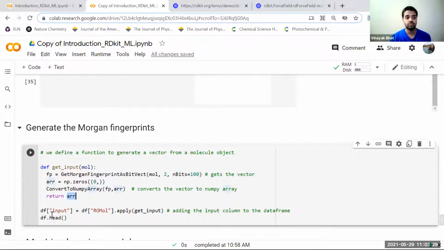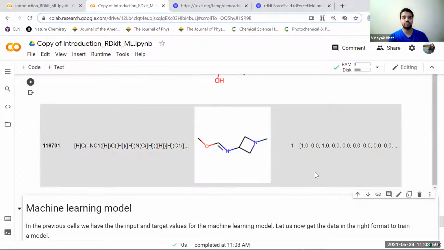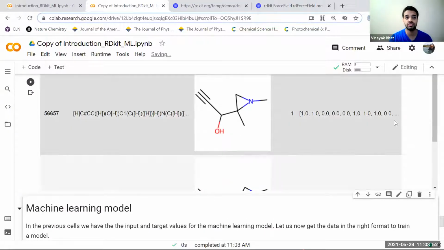So we'll generate the input column in the DataFrame df. How do we generate that? We pass in the molecule object and apply this function for each molecule, which is get input. If you run this function, now we have created that vector of zeros and ones everywhere.